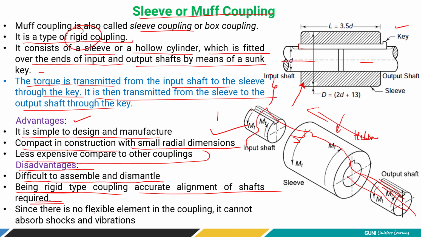Because there are couplings, in the case of flexible type couplings, which permit misalignment, while the sleeve coupling does not permit it. Being no flexible element in the coupling, it cannot absorb shock and vibration. This is the biggest disadvantage, right? There is no rubber material or plastic material which can absorb the shock.